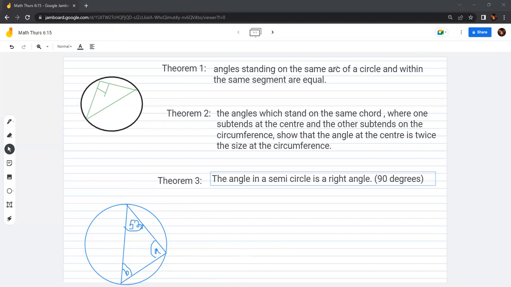All right, so let's try this one for me. And then they asked us to find A and B. Let me know your answers in the chat.